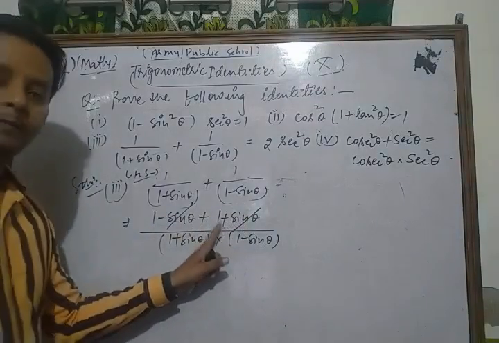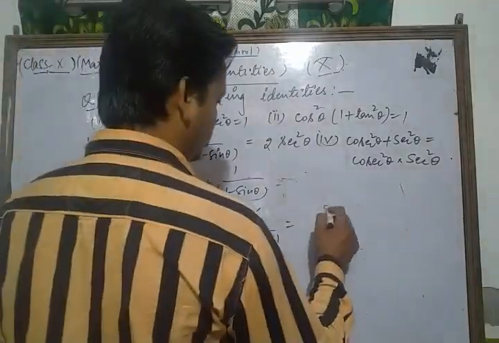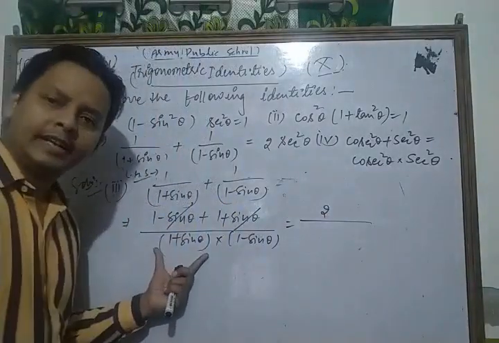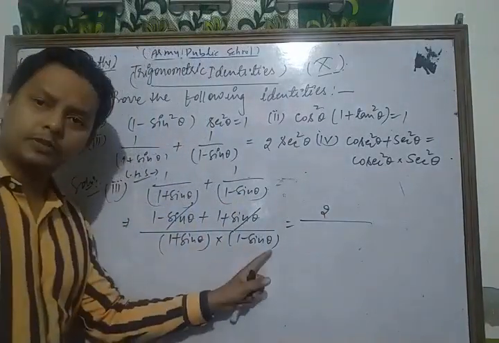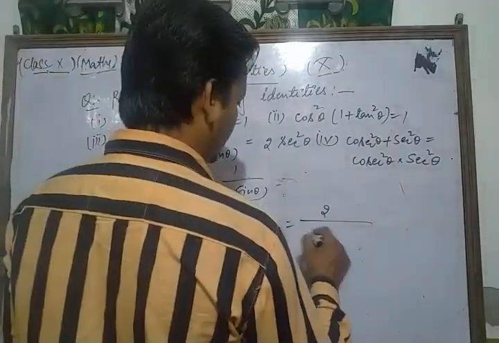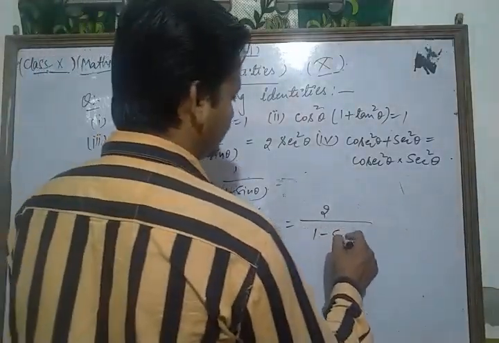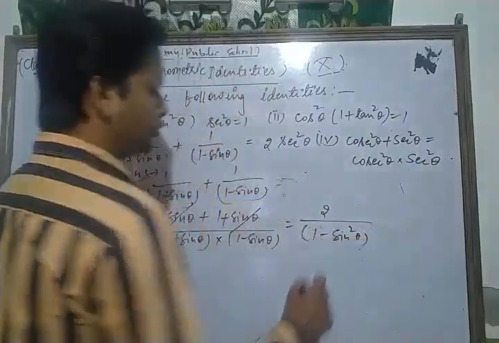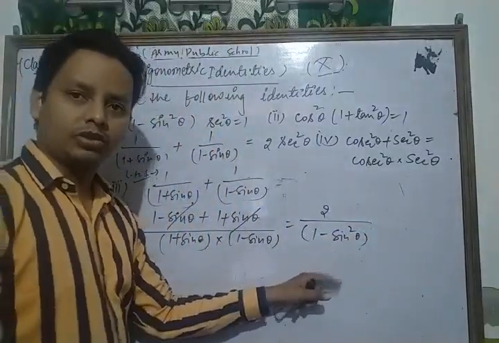Now sin theta cancel to each other, this is minus plus, and 1 plus 1 is 2, upon the denominator. This is the form of (a plus b) into (a minus b). Here 1 plus sin and 1 minus sin, so we can write a square, 1 square is 1, minus b square, sin square theta. And you know that 1 minus sin square theta is cos square theta.